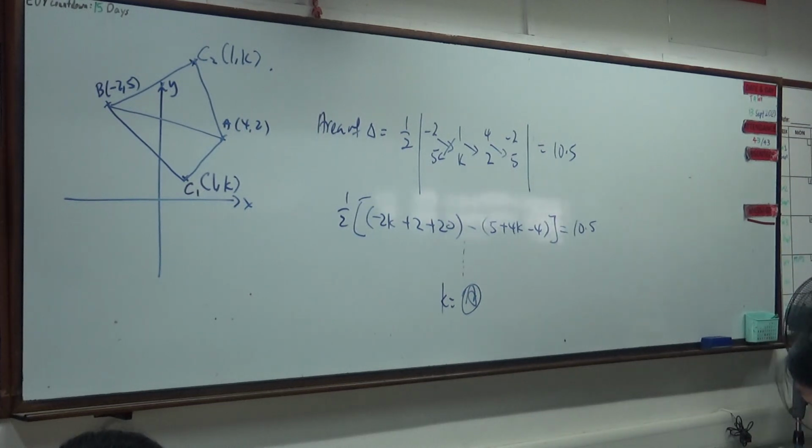If you look at the solution for this particular question, they tell you that if C is above, you get k as 7. If C is below, you will get k as 0. So therefore, the 2 possible values are k = 0 and k = 7. Everybody clear? Yes or no?